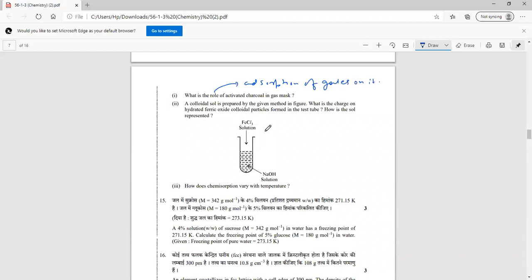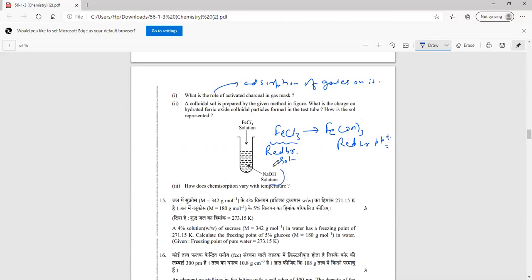Next is, when FeCl3 is added to water, it hydrolyzes to form Fe(OH)3. This is a reddish brown solution, whereas this is a reddish brown precipitate.